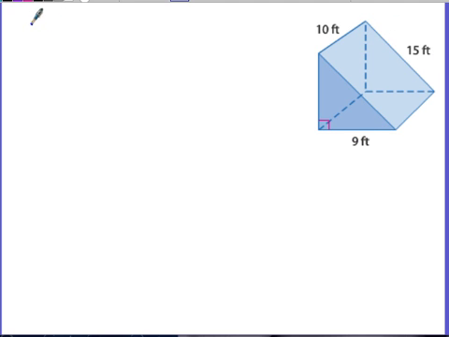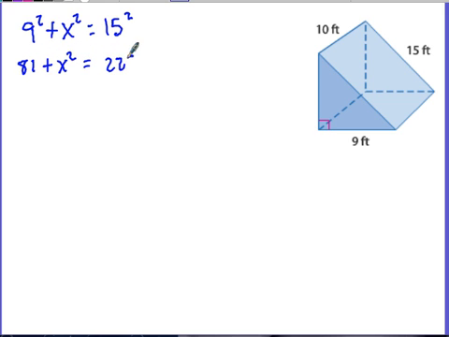So it's 9 squared plus x squared equals 15 squared. So x squared is going to be 144, which means x is 12. So we know that the length of this side of the triangle is 12 feet.